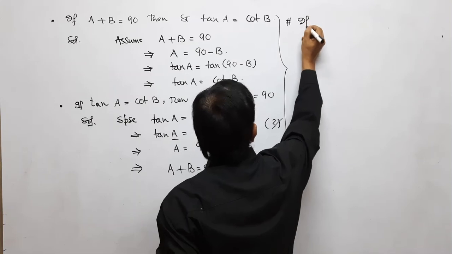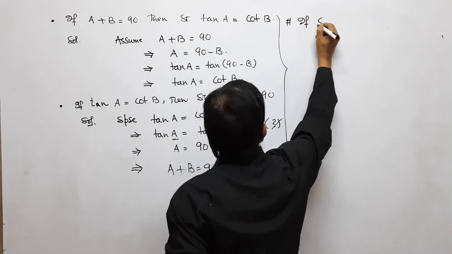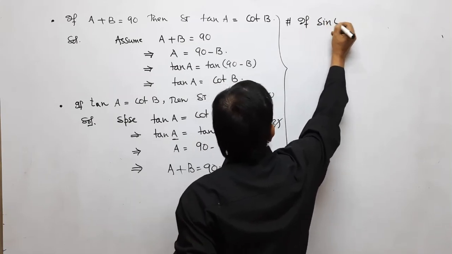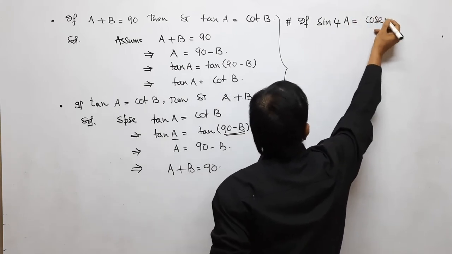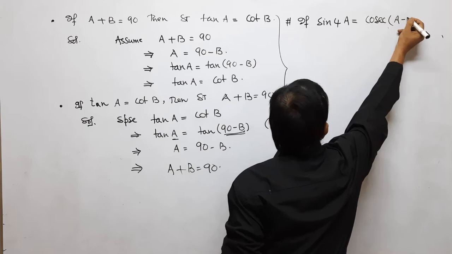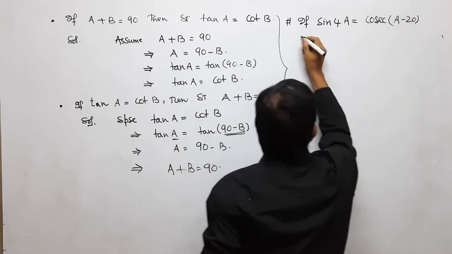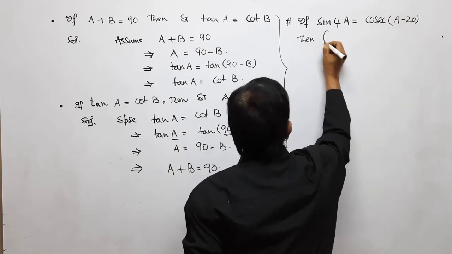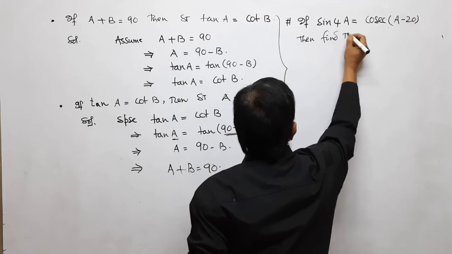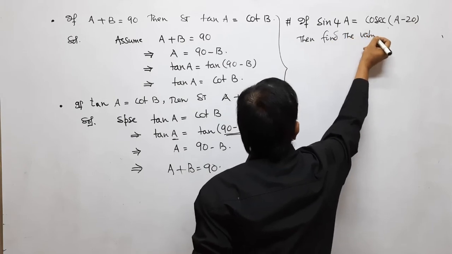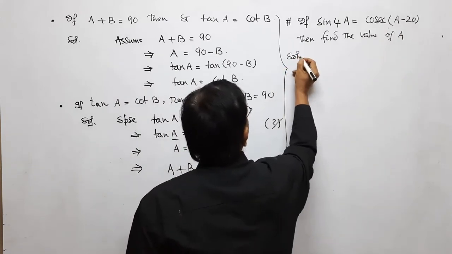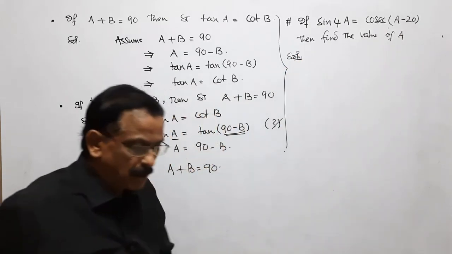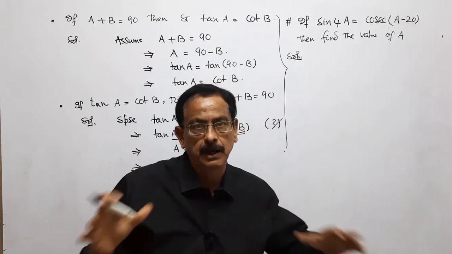Another problem is: if sin 4A is equal to cosecant of A minus 20, then find the value of A. Here also the same simplest approach. Always I am applying the complementary angles.